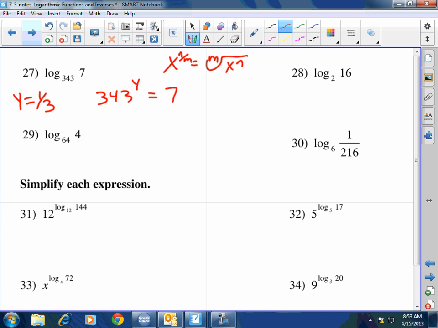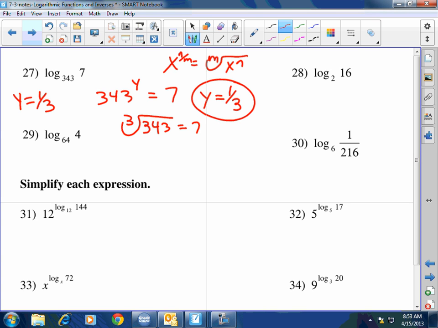Now, I know I didn't apply a negative exponent to it because it would have been a fraction. So I had to apply a fractional exponent. I had to put this in some sort of a radical. And the 3rd root of 343 equals 7, as we proved a few seconds ago. So, yes, y will equal 1/3, which represents the cube root. Does that make sense, gentlemen?